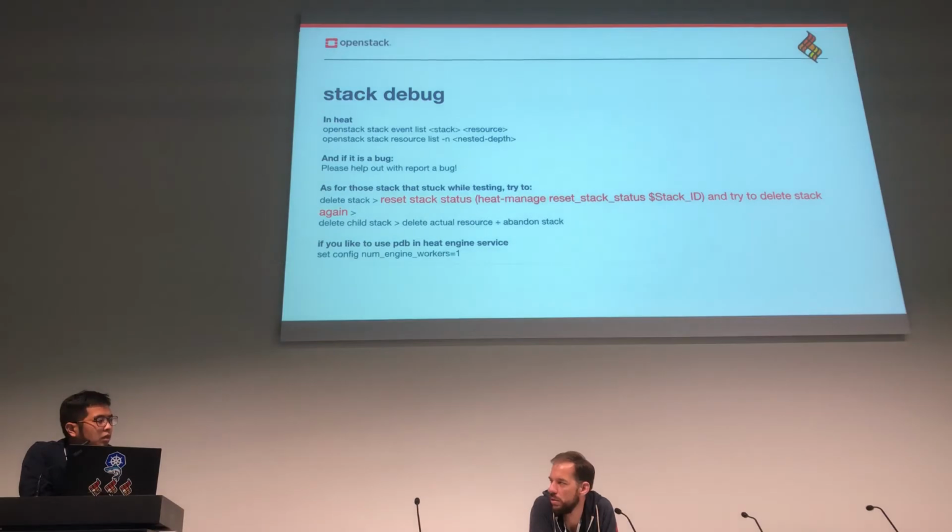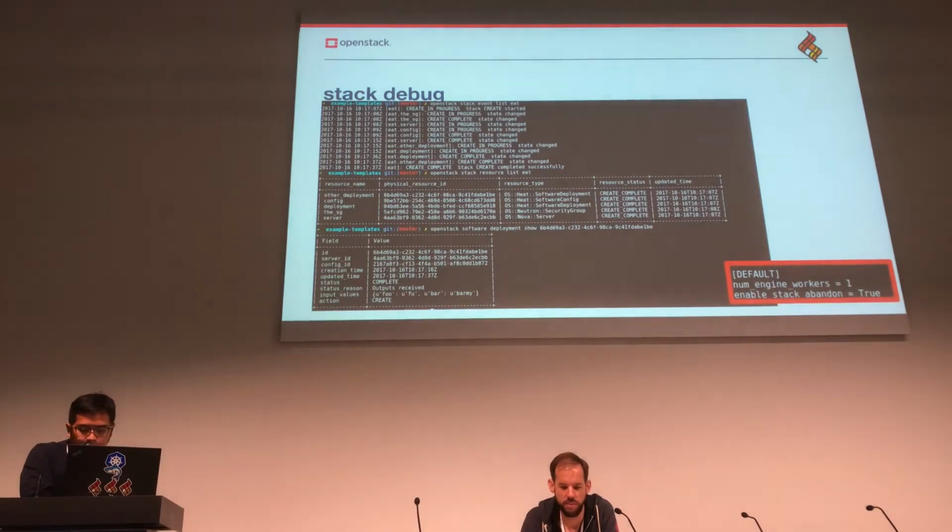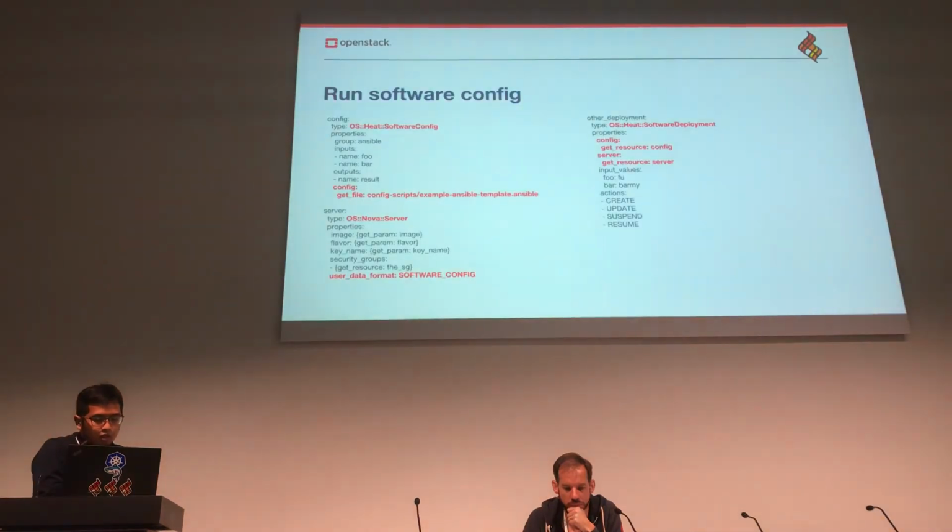Do we need to enable export in config? I think we do, maybe because export is tied to abandon. Yes. So in your config file you can also set the number of engines and enable stack abandon, because that will simplify your environment for you to debug. It's not for production, but if you are developing, that is something you can use.